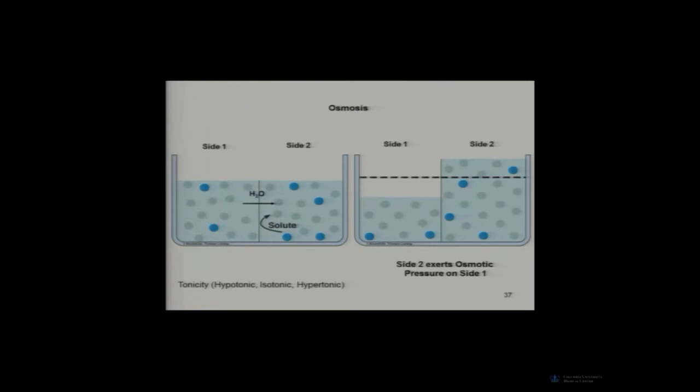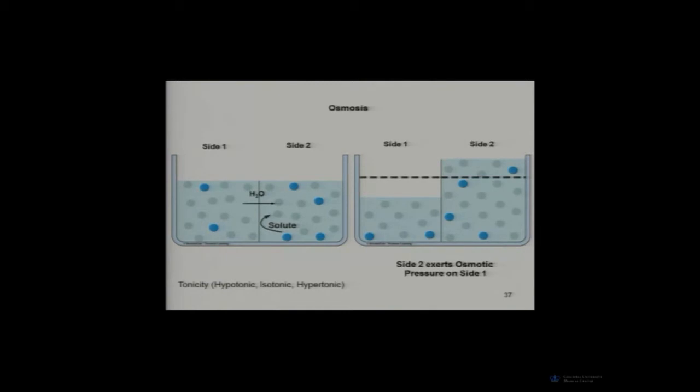Because what water is going to do is, if the solutes can't move, then the water is going to move in order to equal the concentrations. But in order to equal the concentrations, it's got to get to different volumes. Does that make sense? Here on side 1, we're starting off with 2 dark blue circles. On side 2, we've got 4 dark blue circles.